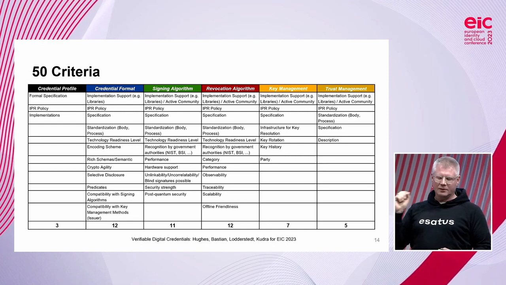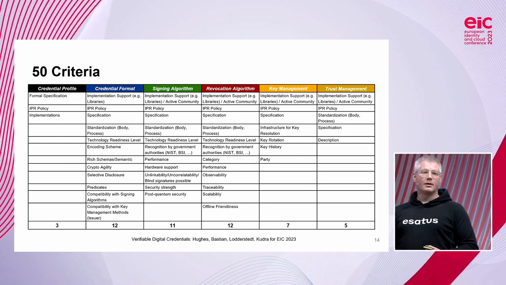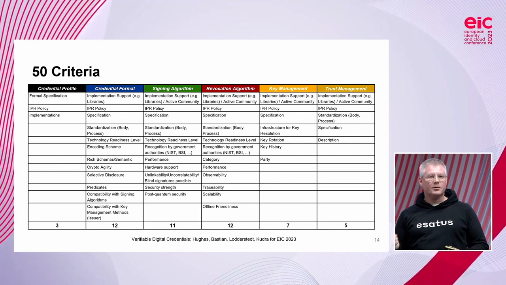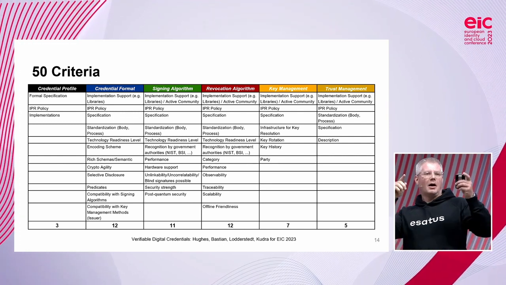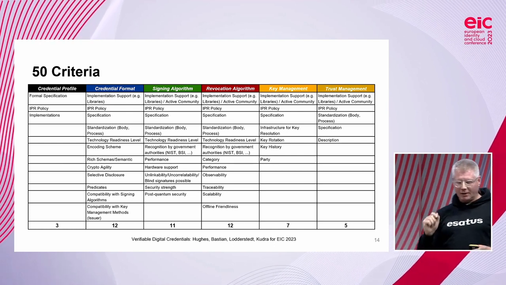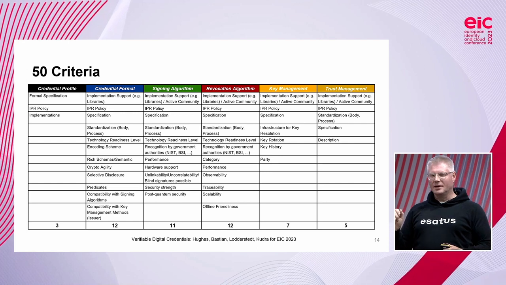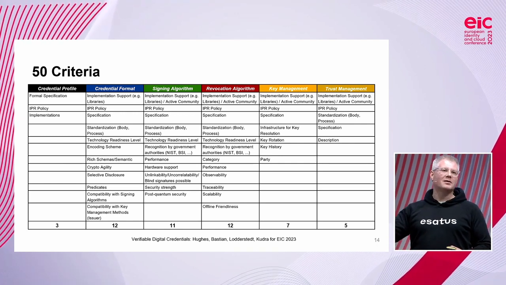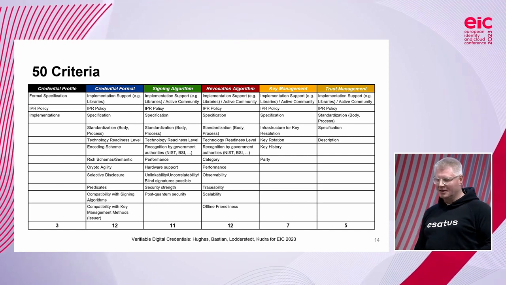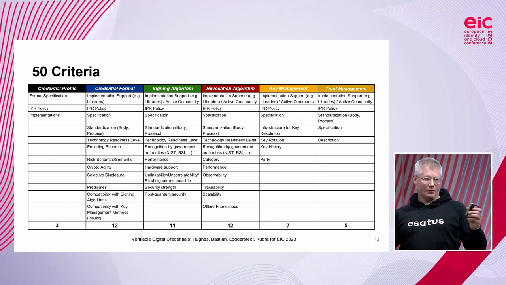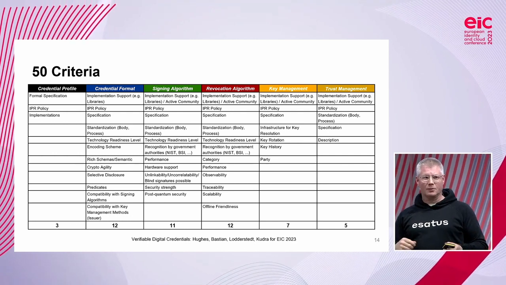We have these different categories: credential format, signing algorithm, revocation algorithm, key management, and trust management. And under these, all these 50 different criteria. The complication is that it's a mix and match kind of story, so you can combine the different types of formats and signing algorithms and so on.